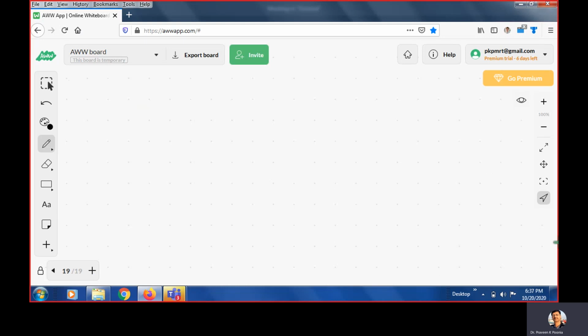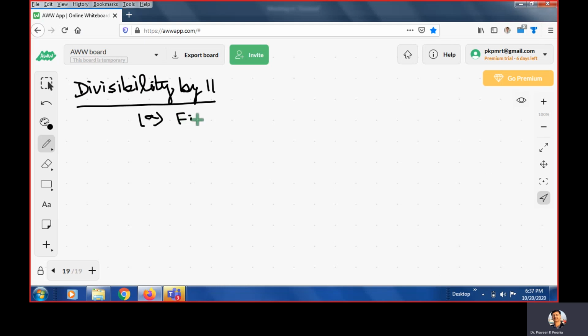And the last is divisibility by 11. Here find the sum.